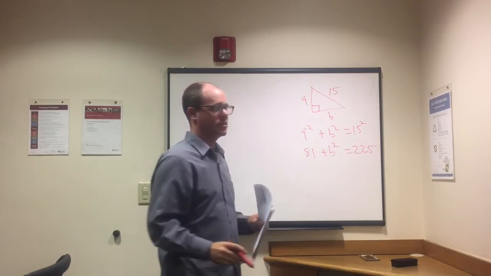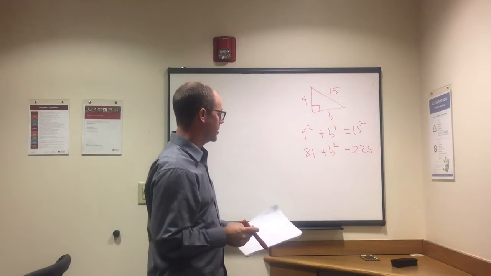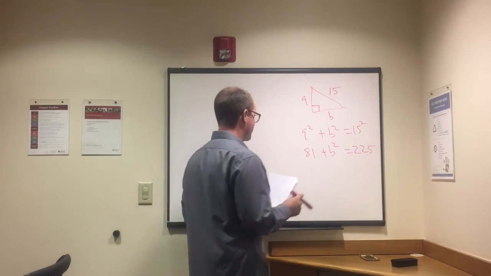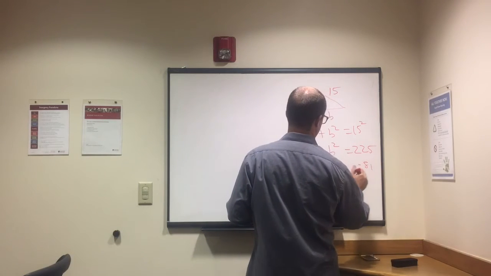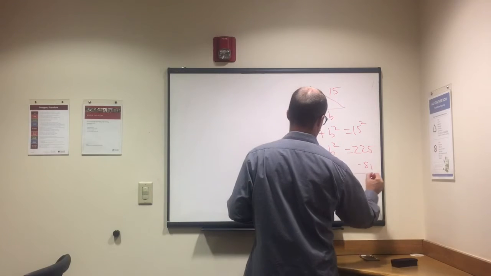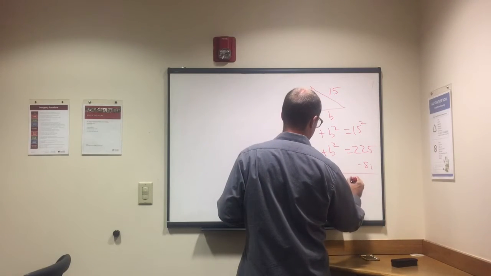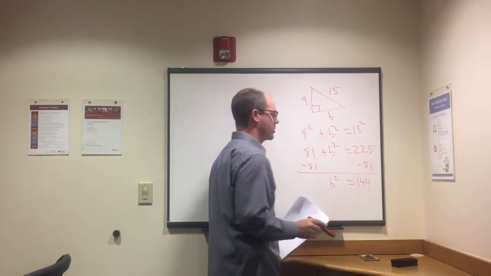15 squared is 225. Okay, and now we need to get b by itself. We always want to get the variable by itself. So we'll subtract 81 from both sides. Now we just have b squared equals 144.